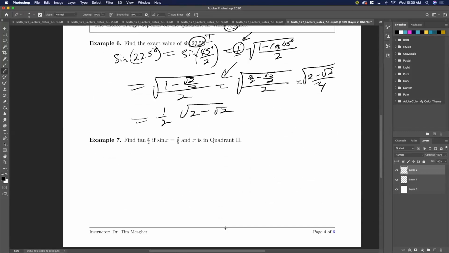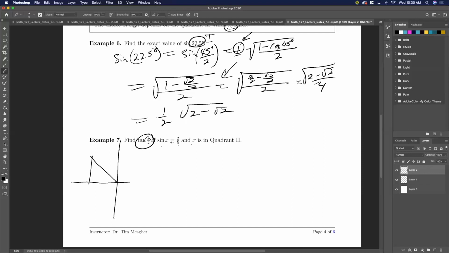All right, so let's say find tangent of x over 2 if sine of x is 2/5 in quadrant 2. So I want to find the half angle for tangent given this. If I'm in quadrant 2, I know my triangle looks like this.